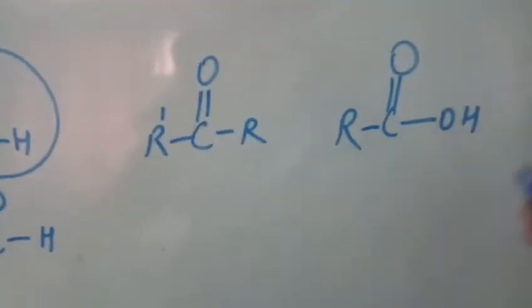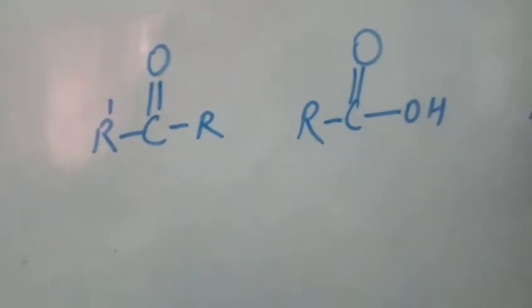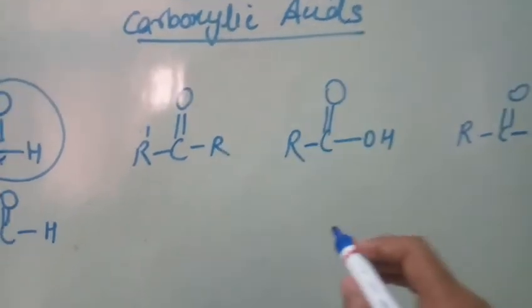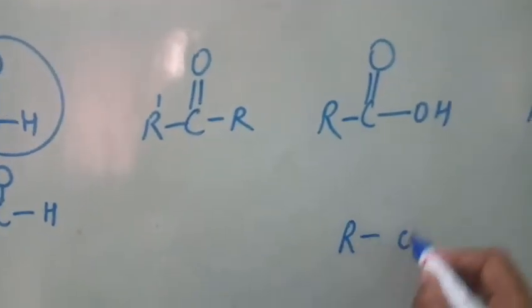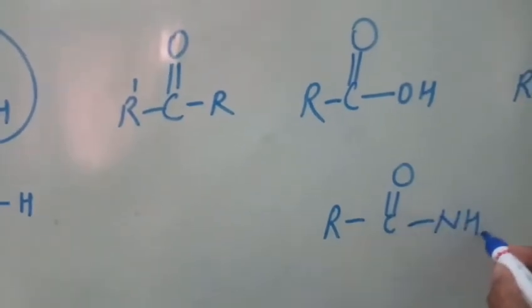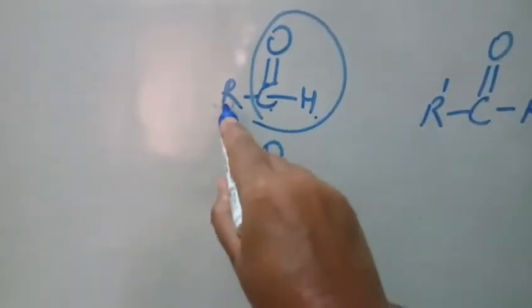Now the derivatives of carboxylic acid, that is acid halide: in this the carbonyl group is attached to a halogen on one side and an alkyl group on the other side, whereas in the amides the carbonyl group is attached to an alkyl group on one side and an amine group on the other side, right? In aldehyde, the carbonyl group is attached to hydrogen on one side and an alkyl or aryl group on the other.